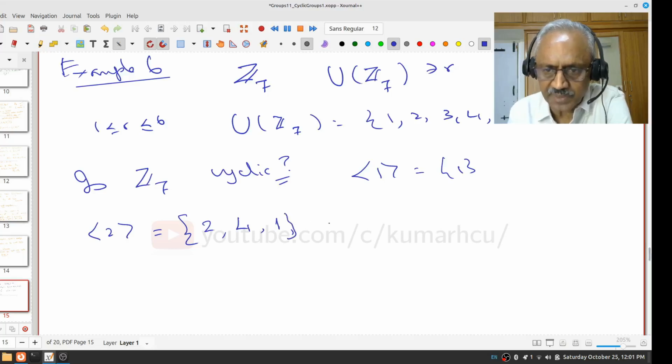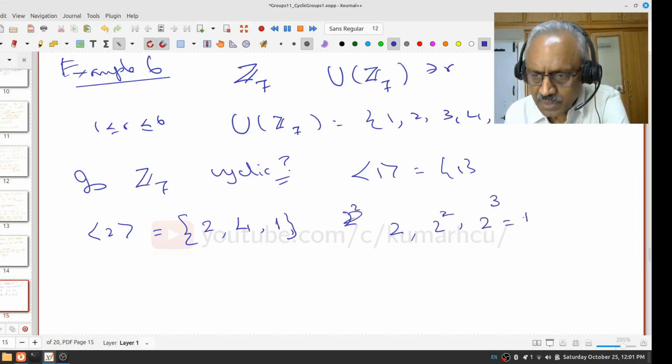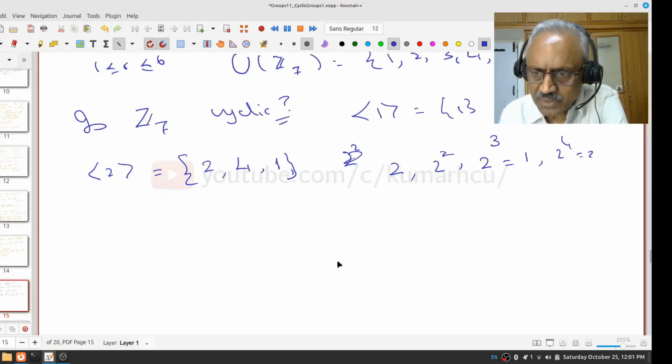Therefore, I repeat, do you understand this? So it has 2, 2 squared, and 2 cubed, but 2 cubed is already the identity. Therefore, 2 to the power 4 will be 2. You understand this?